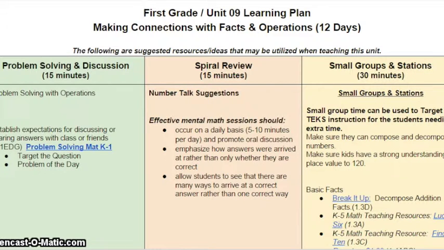Specifically, we suggested making sure that they can compose and decompose numbers, as well as that kids have a strong understanding of place value to 120. The reason why that second part was mentioned is because all of a sudden in 2nd grade, we need to know, in 1st grade, we need to know the place value of 100 to 20, all the way up to 2nd grade being 1,200. So that is a mighty big jump. So definitely make sure you spiral back in place value with your kids so they have a strong understanding, so when they go to 2nd grade, it won't be nearly as scary or problematic.